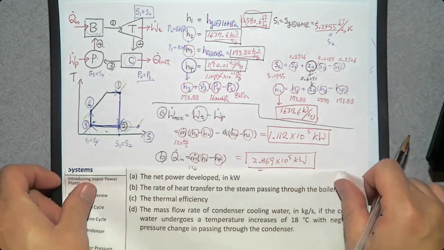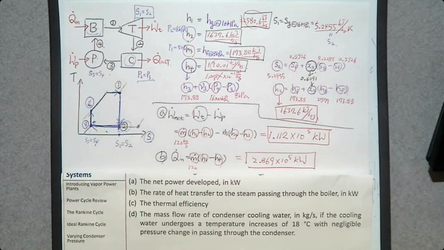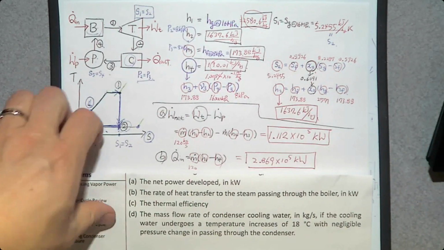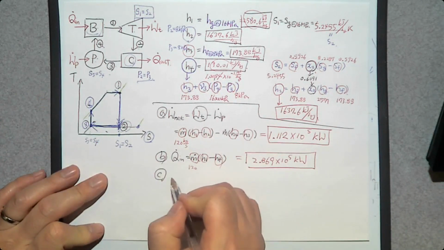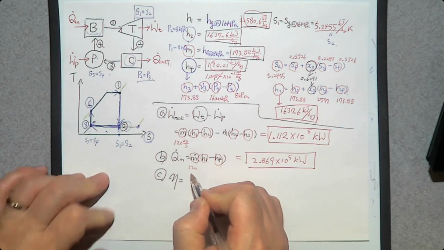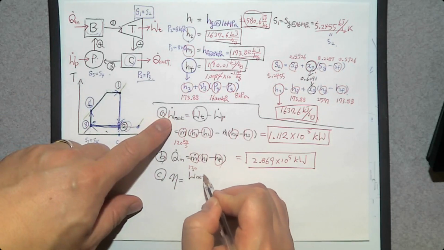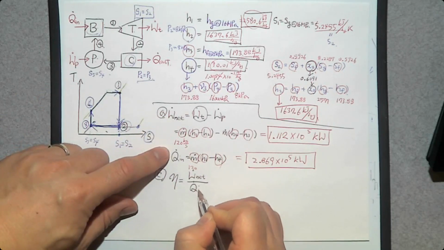Number 3, the thermal efficiency. How do we determine the thermal efficiency? The efficiency is desired output, the net power, over required input, Q dot in.